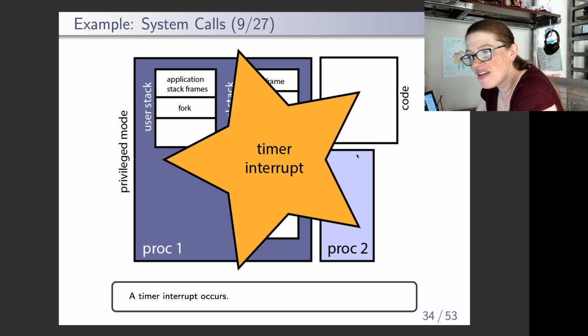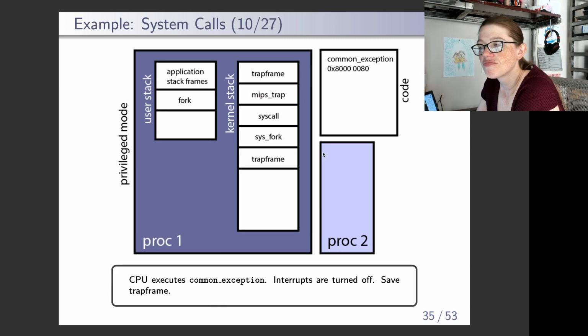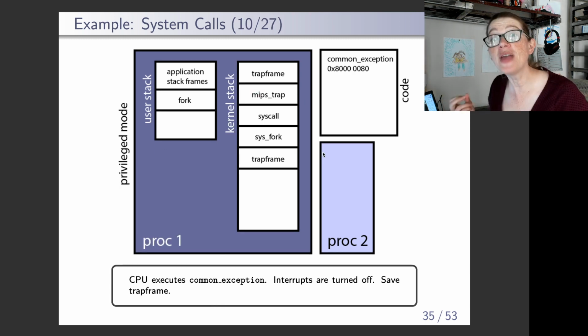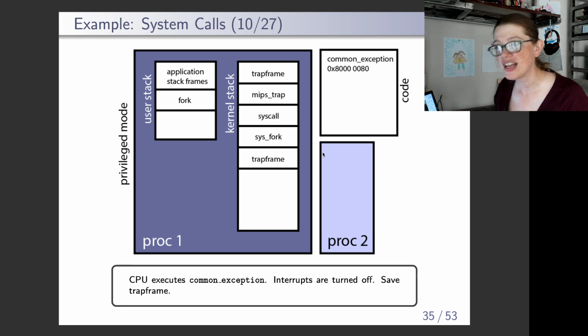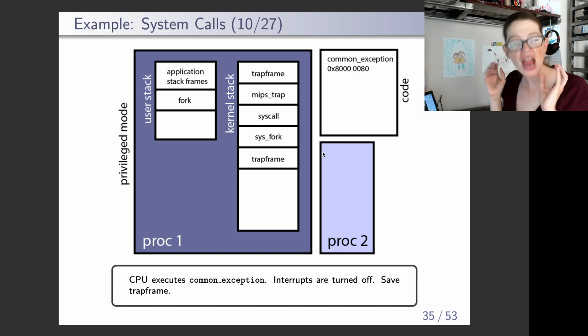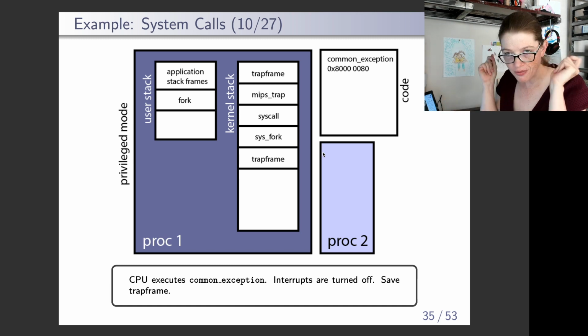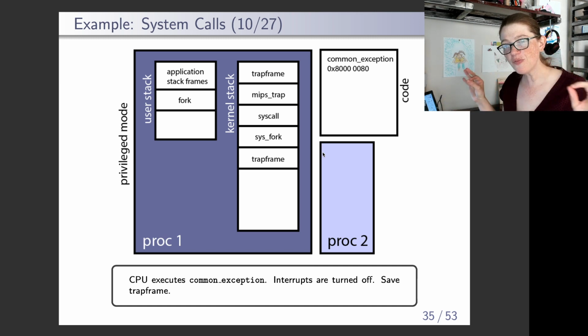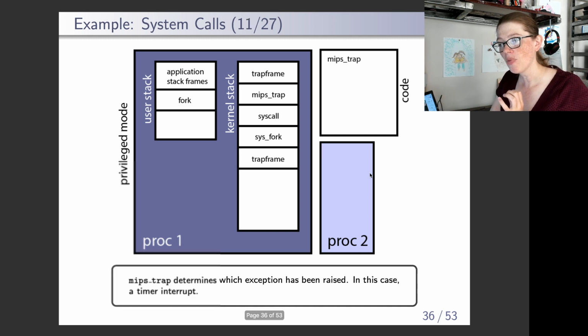So what's going to happen now is that we get a trap frame because we had an interrupt fire and interrupts are on. Anytime you have any kind of interrupt or any kind of exception, you get a trap frame. And immediately following the trap frame, you're going to get a MIPS trap.